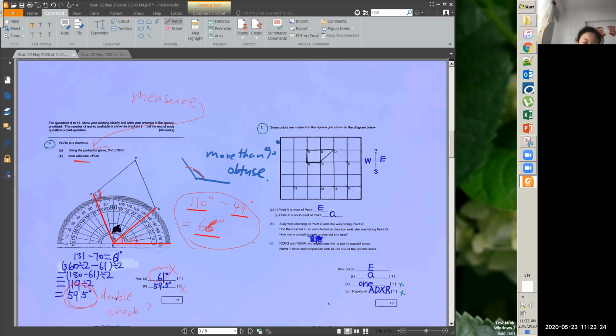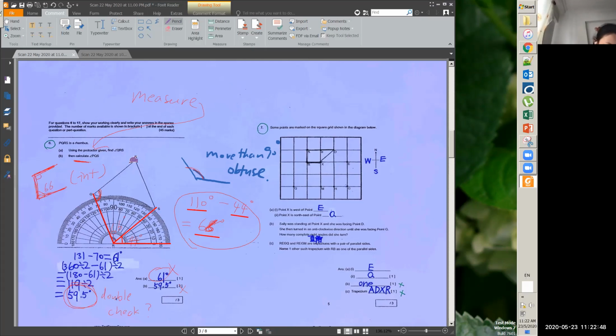If this is 66, you can use C, right? This is your C, internal angle, right? Yes.